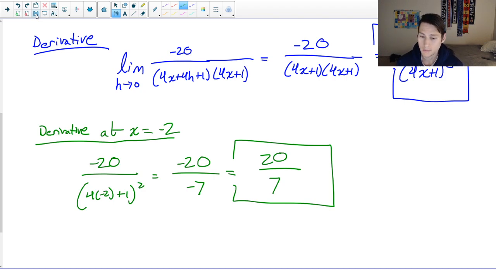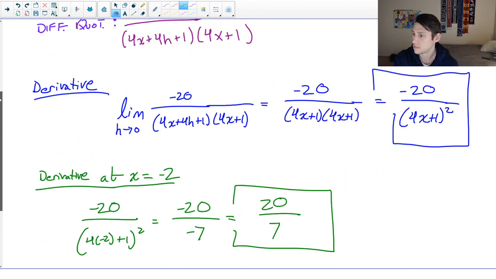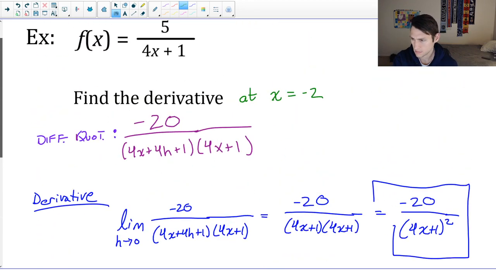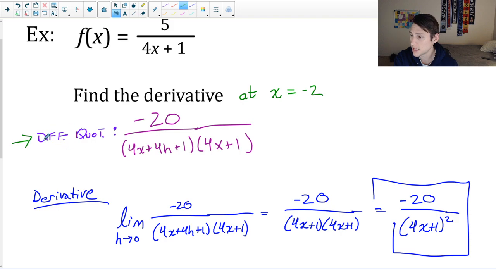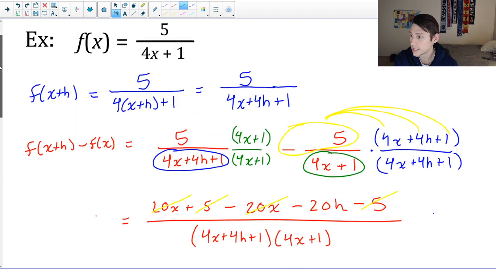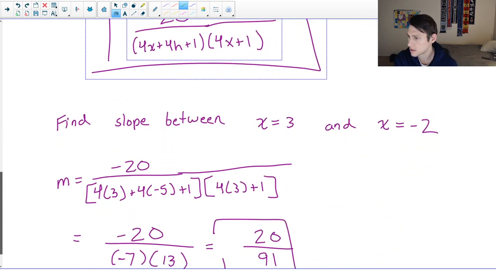It's pretty easy. So again, the hard part is just, do you remember how to do difference quotient, and can you do it without messing up? Like, because look, this part didn't take much work at all. But in order to get this part, we had to do all of this.